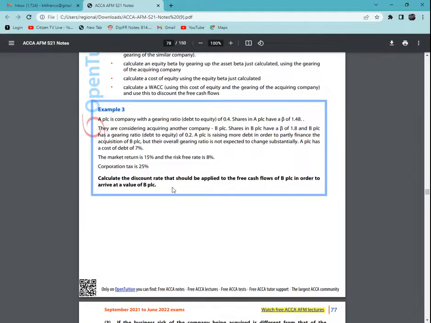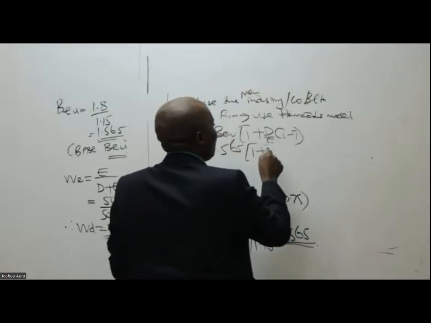Down here, what will be the WACC if the firm is entirely financed by equity? So I know debt there is 0, equity is 100%. Here they never gave us any more information in the question, so we shall go back to this company A, whose debt to equity now is 0.4. So we put 0.4 here.